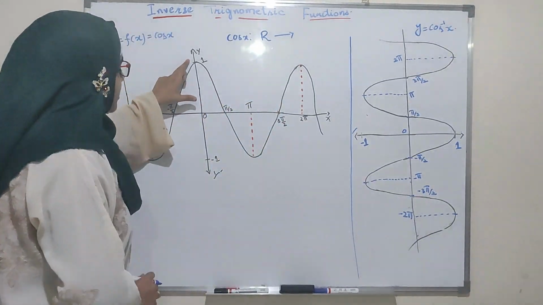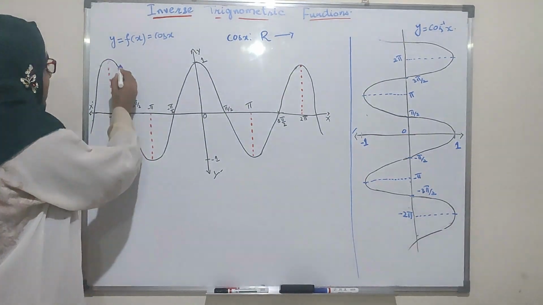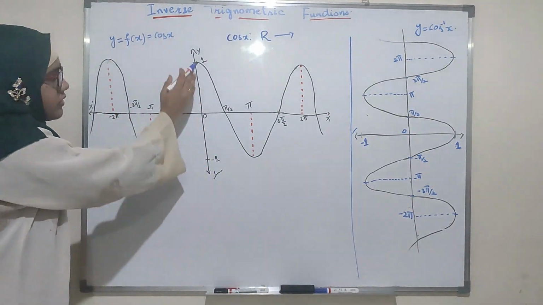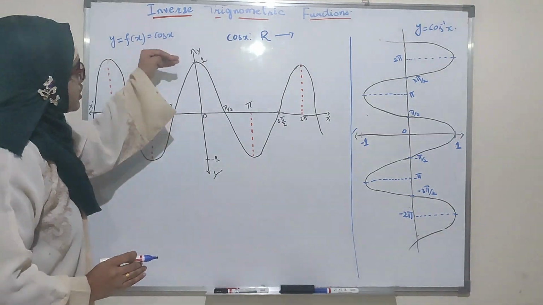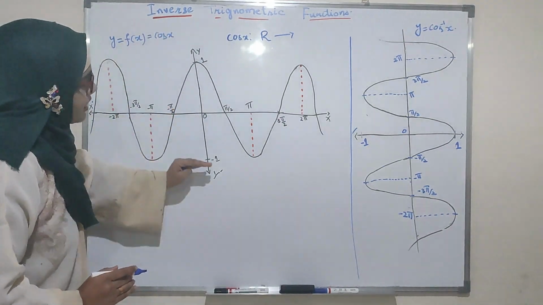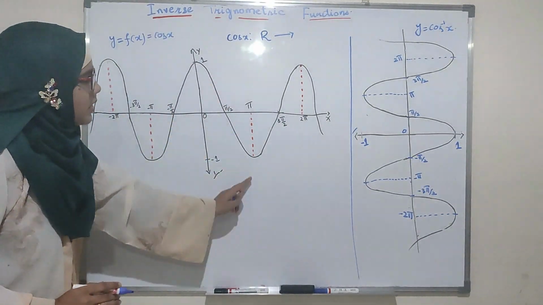And what about the range? This graph is lying between +1 and -1 on the y-axis. So it will not go beyond +1 or -1. It lies in between.